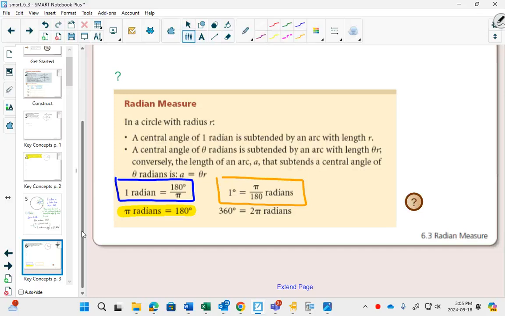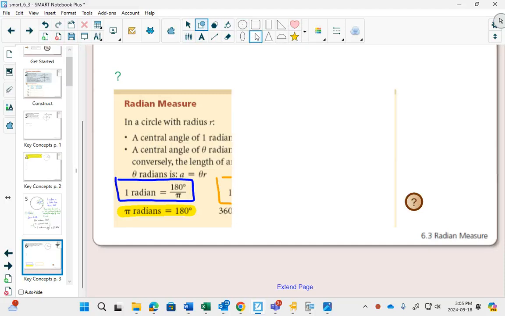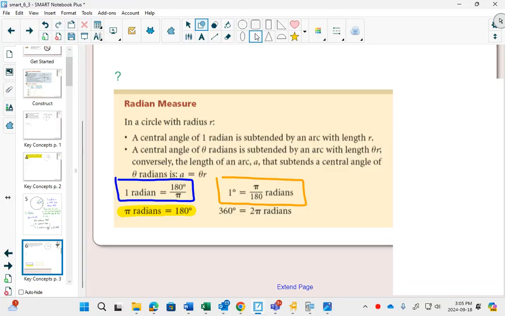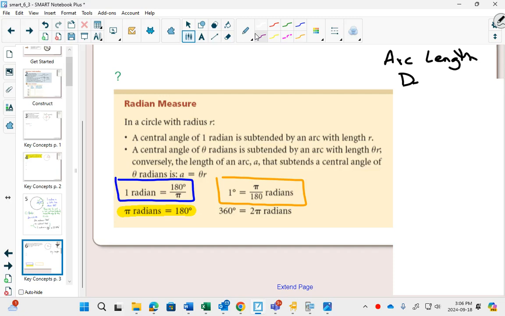In that space, 4, 5, and 7. In that space, the formula we discovered yesterday was an arc length formula, and we discovered it in degrees.